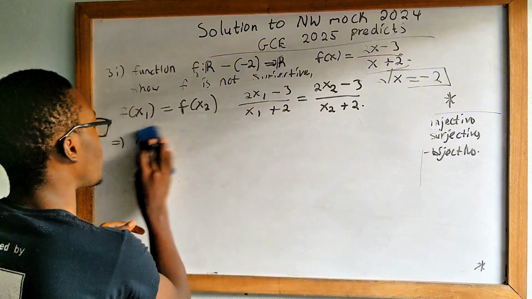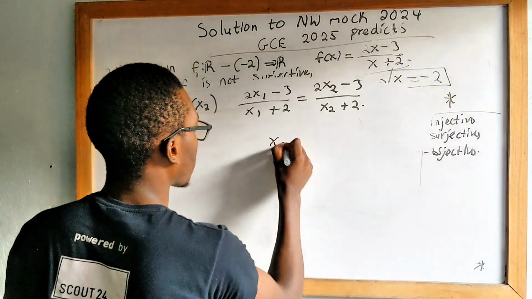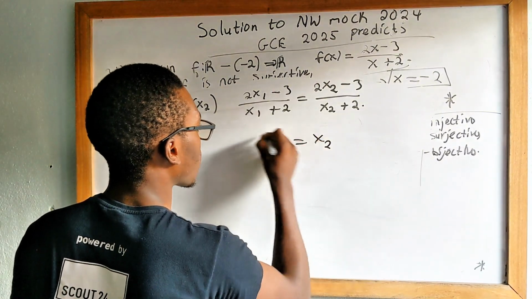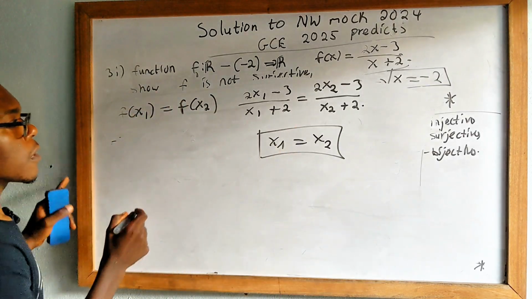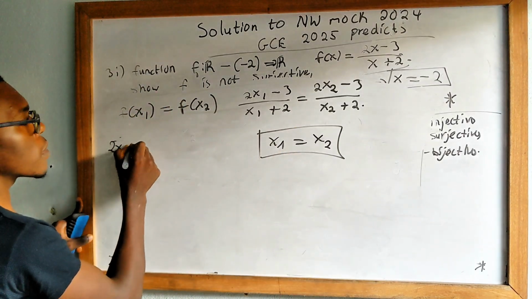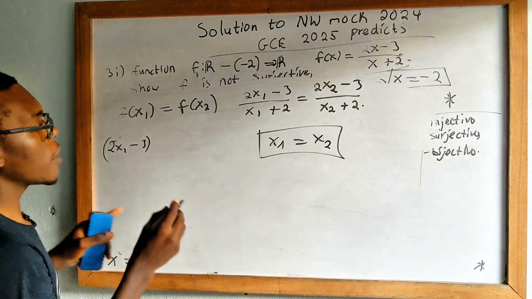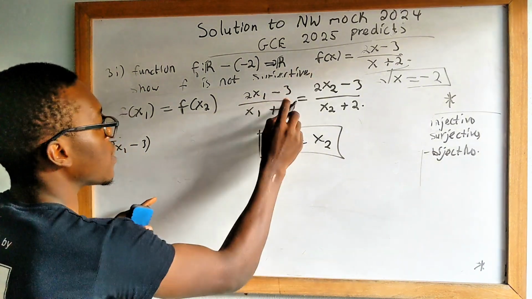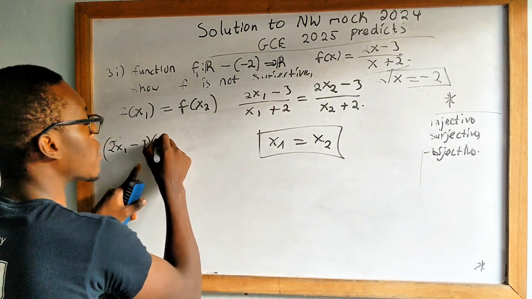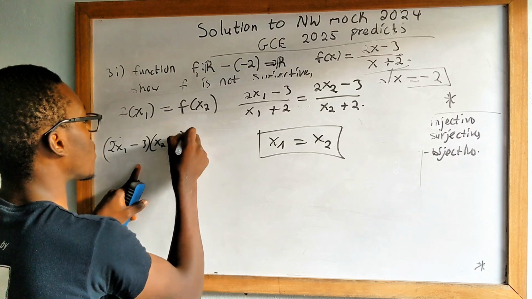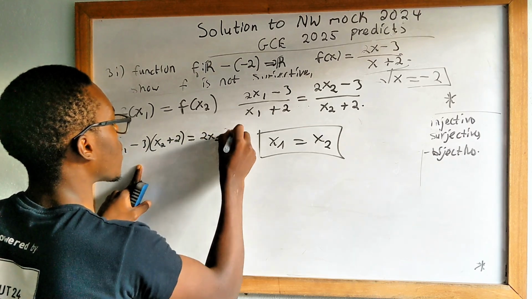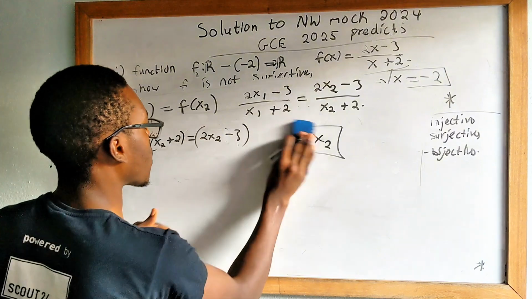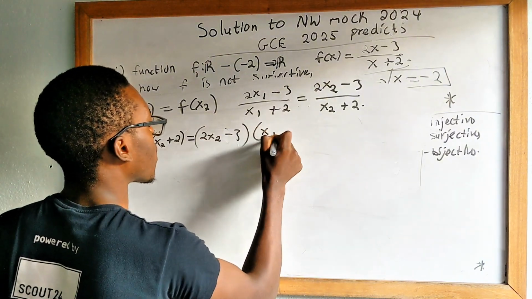Then solve it out to have at the end x1 equals x2. Let's solve it together. We are going to have 2x1 minus 3. Here we do cross multiplication since it's equality, times x2 plus 2 is equal to 2x2 minus 3 times x1 plus 2.